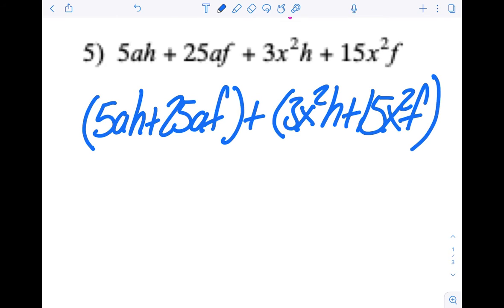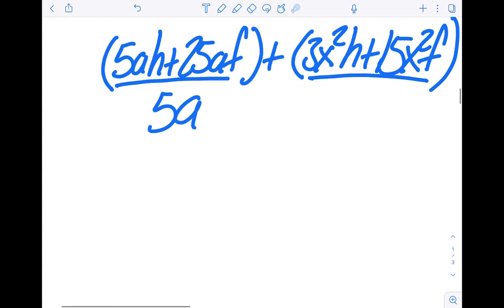Look at that. I factored. Now only these 2 I'm going to divide, and only these 2 I'm going to divide. I do what I did in the first step, where I find what number goes into both. So 5 and 25, I know 5 goes into both. And they both have an A. So 5 divided by 5 is 1.